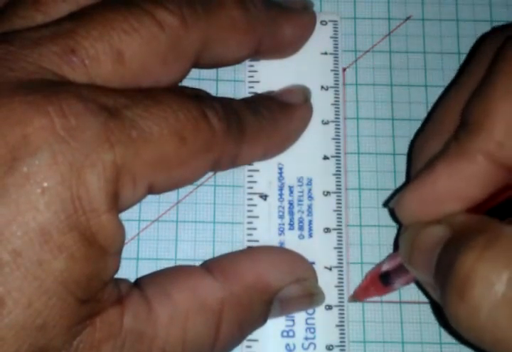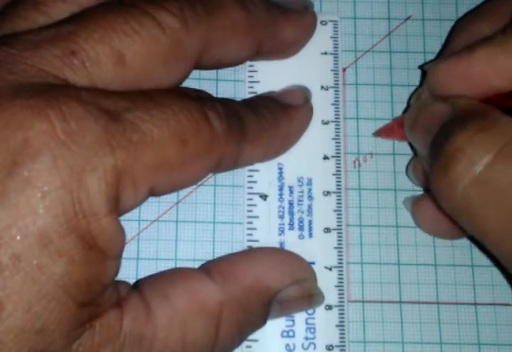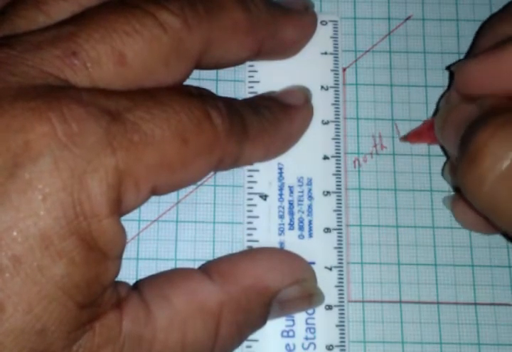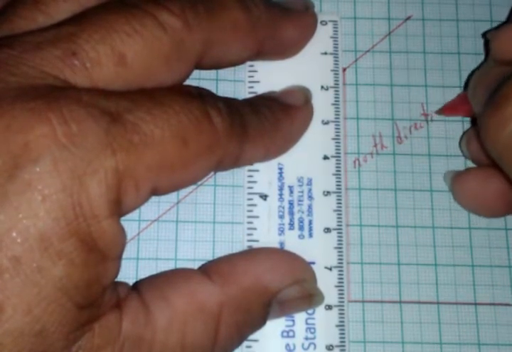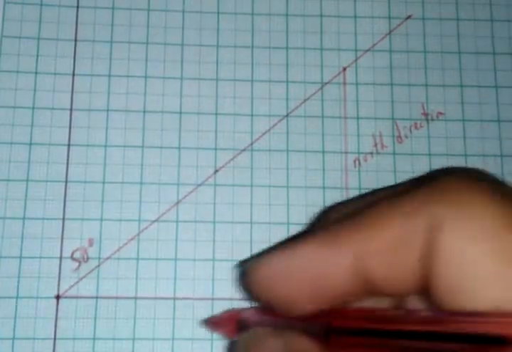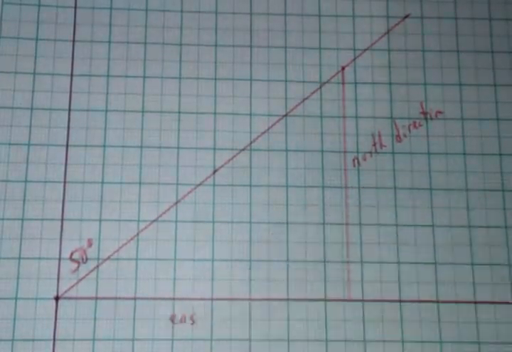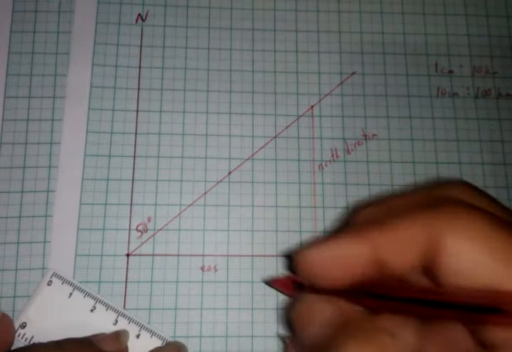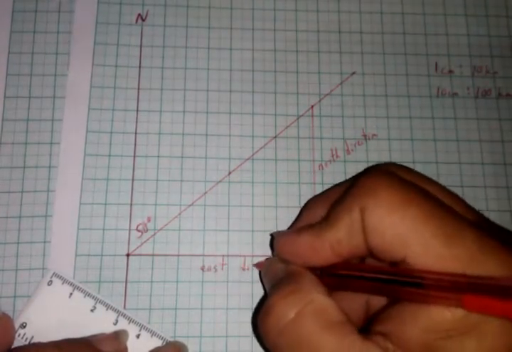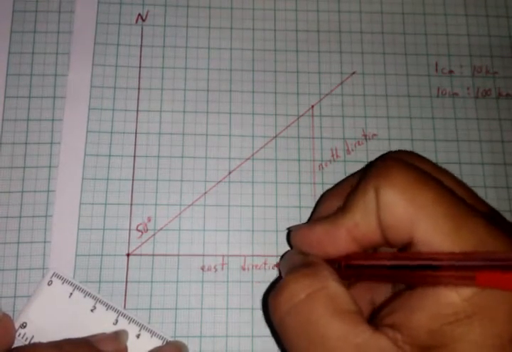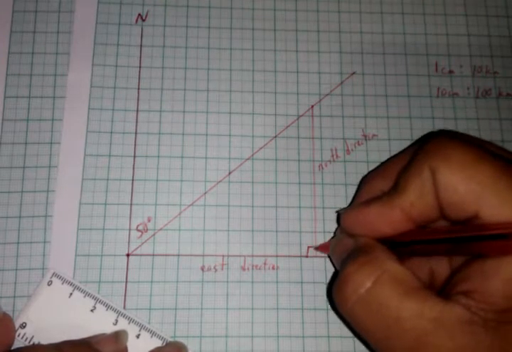This is the north direction, and this is the east direction. This is our right angle triangle.